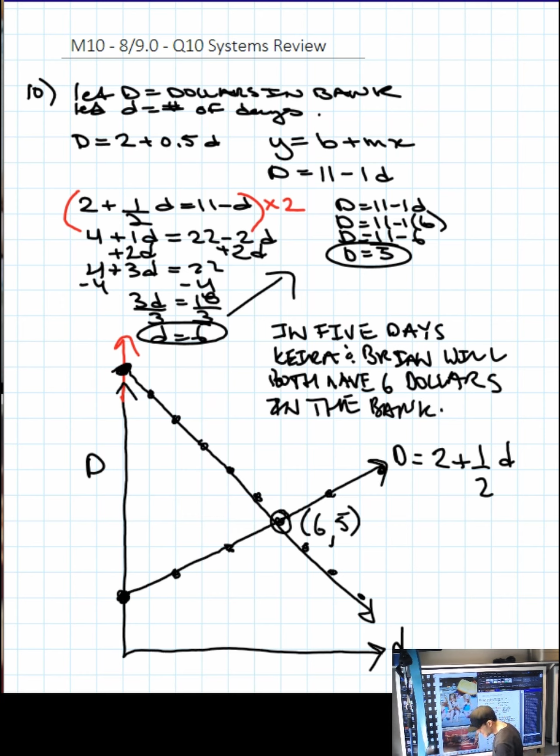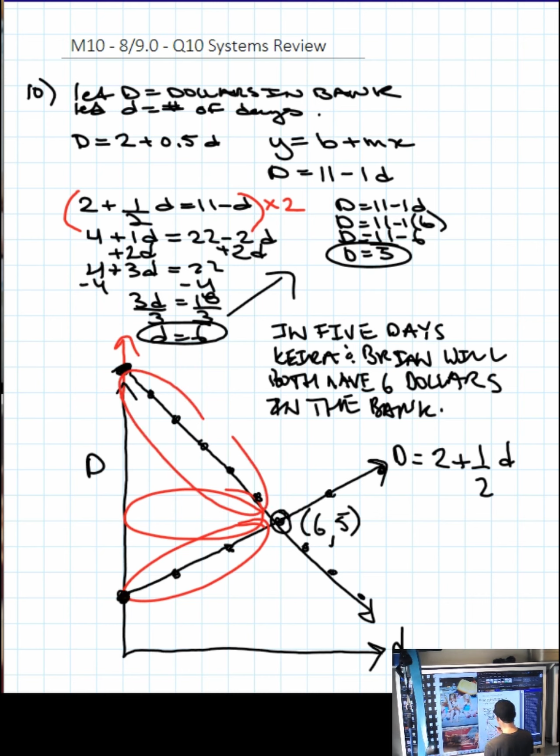Then it says interpret the intersection, which we just did, and describe the domain in below and above. So below, meaning like over here, that means that Kiera has less money in the bank than Brian because every single one of her points is below.